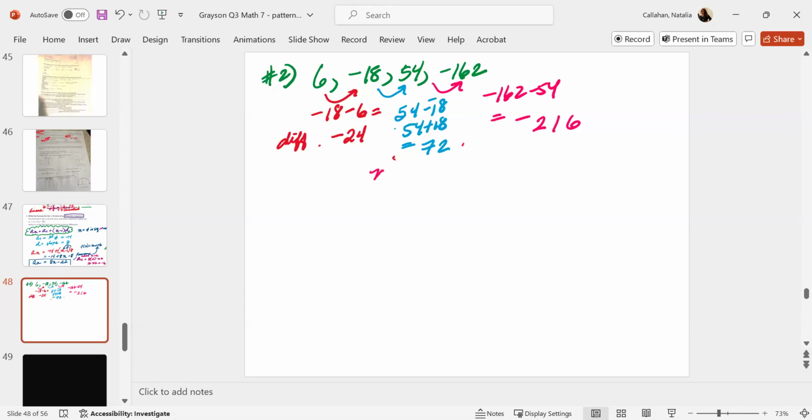So obviously this is not consistent, right? Yeah. So it's not linear, right? We know that. Remember when we went over this, I said generally it is going to be quadratic if you find the difference between the next pattern.